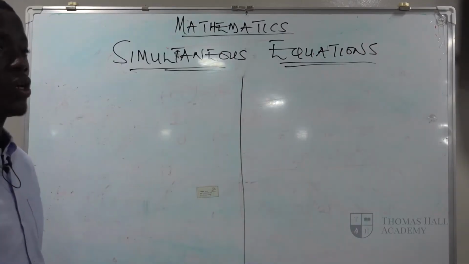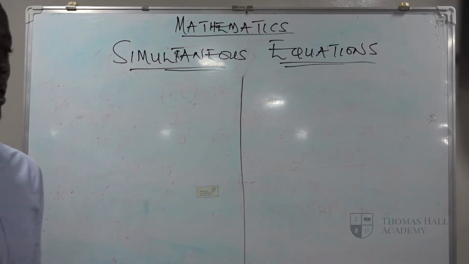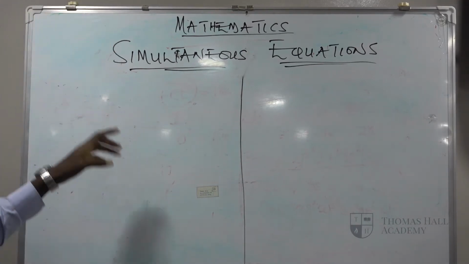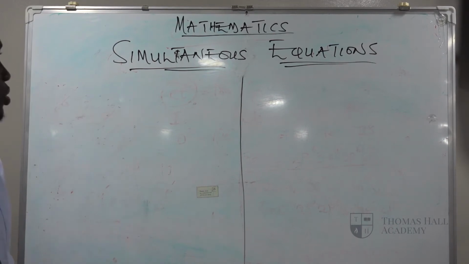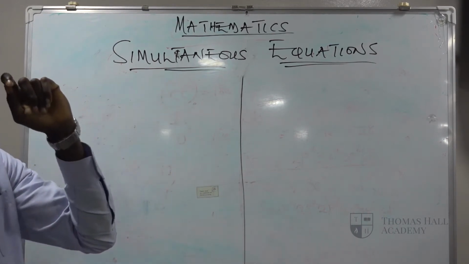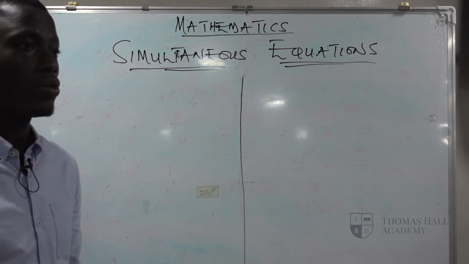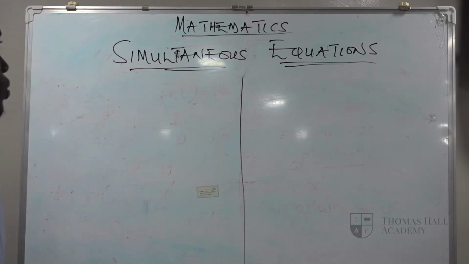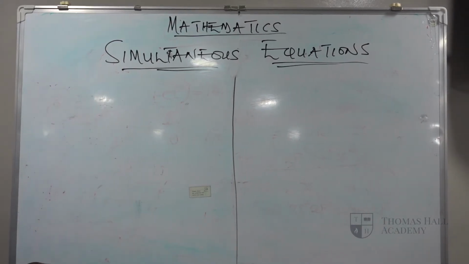These are equations where you solve two different equations at the same time, with two different variables in each equation. After this, we'll also look at how to solve simultaneous logarithmic equations. So we'll look at simultaneous equations first before we go into simultaneous logarithmic equations.